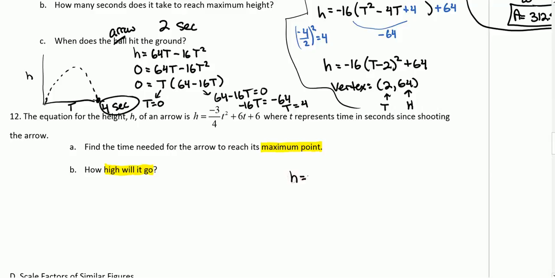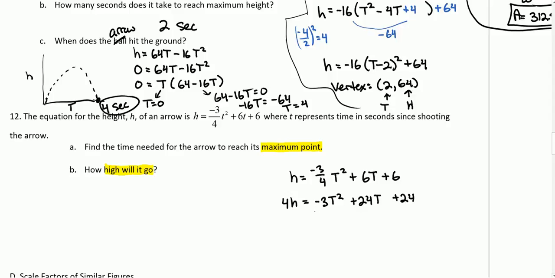So h is equal to negative 3/4 t squared plus 6t plus 6. I'm going to get rid of the fraction first by multiplying everything by 4. I get 4 times h is equal to negative 3t squared plus 24t plus 24.